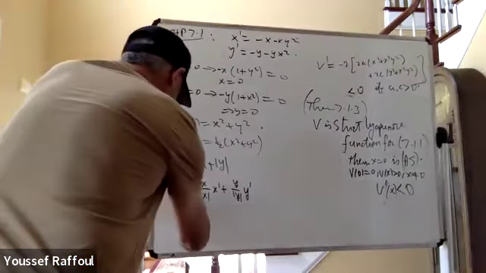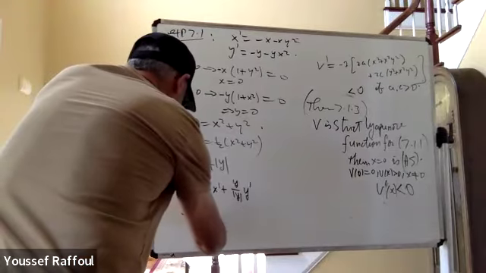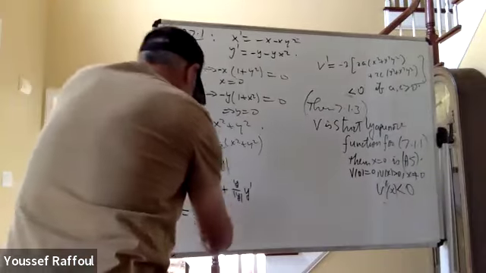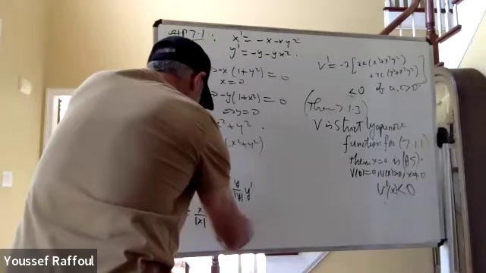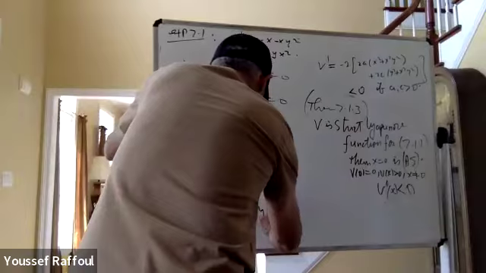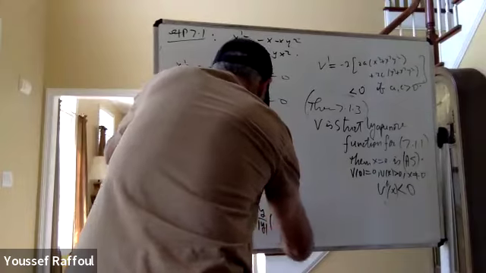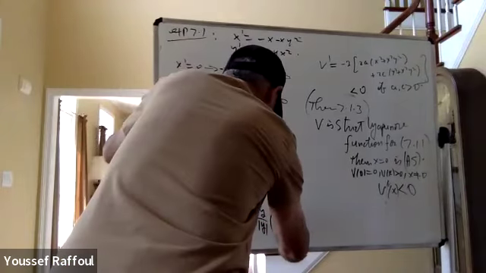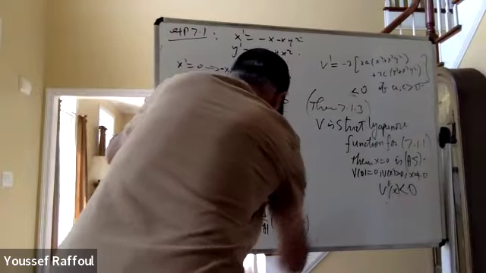So that is x over absolute value of x. X prime is minus x y squared plus y over absolute value of y, y prime, minus y x squared.